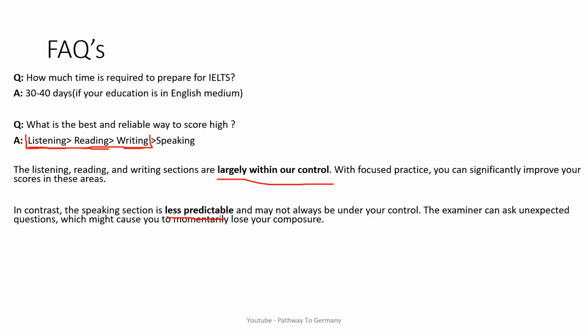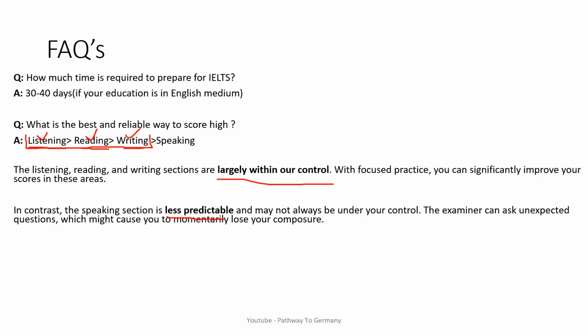So always score a maximum number of points in the first part, and specifically in this order. Try to get as many points in listening, then comes reading, and then comes writing. It's easier to score in listening, the second easiest is reading, and the third one is writing.